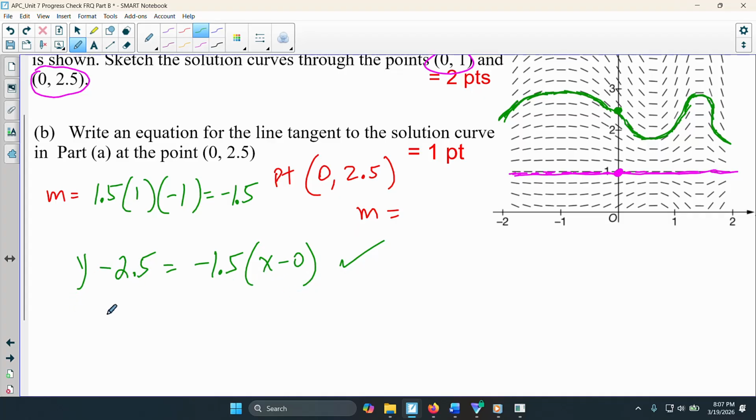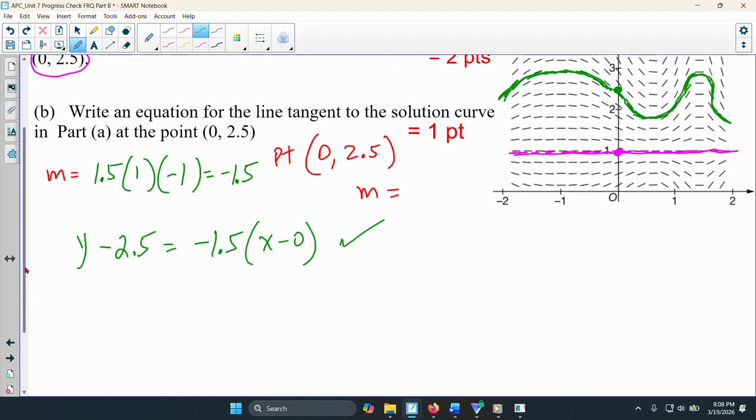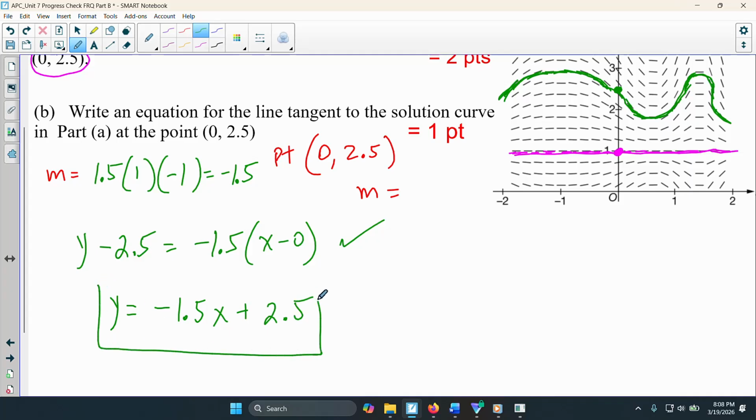But especially if you have OCD, you might think, oh, I can't leave it like this, I'm gonna rewrite it. y equals -1.5x plus 2.5. Okay, there is my equation of a line tangent.